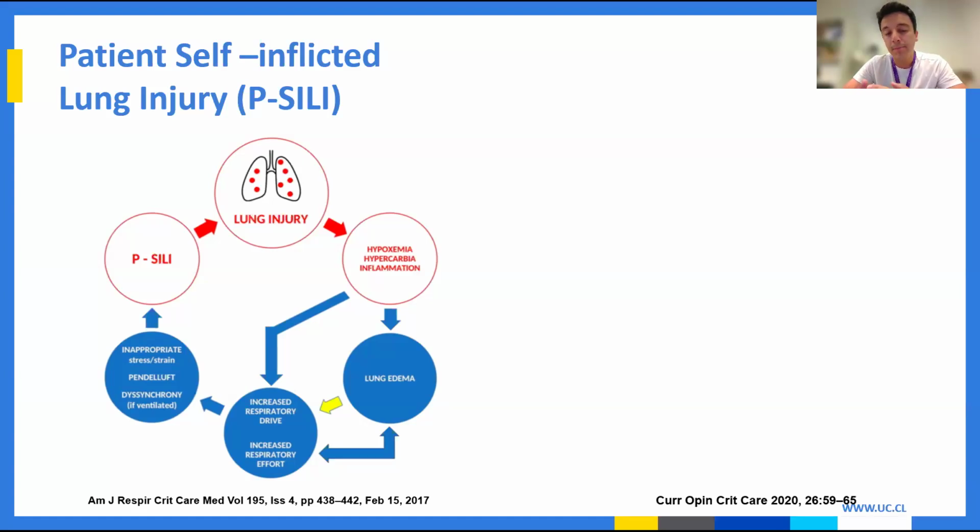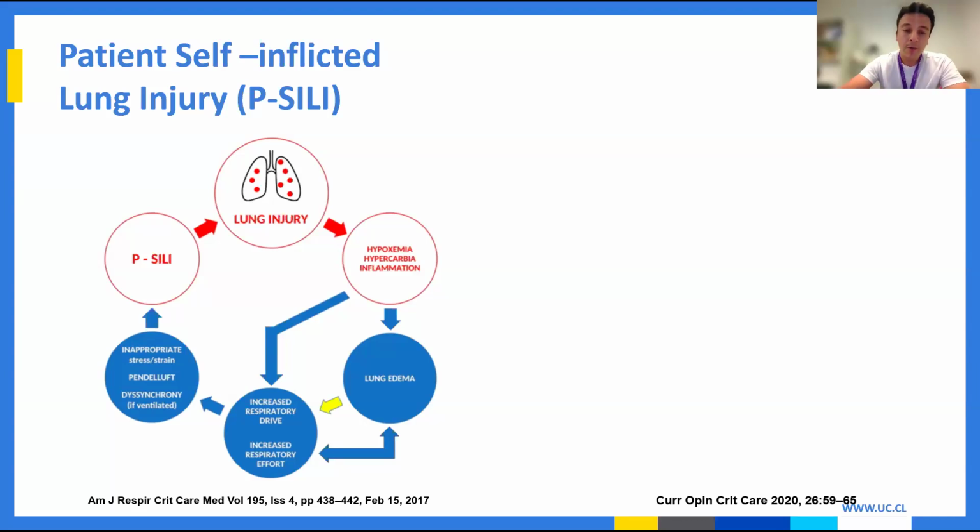It may also produce some pendulum phenomena, which we are going to discuss in the next slide. And we can have excessive effort mixed with some desynchronies, especially in mechanically ventilated patients. We have double triggering or breath-stacking desynchronies, where you can have double tidal volumes, and therefore you can promote a vicious circle in this inflammatory context, and the patient can have vigorous efforts and produce further lung injury.